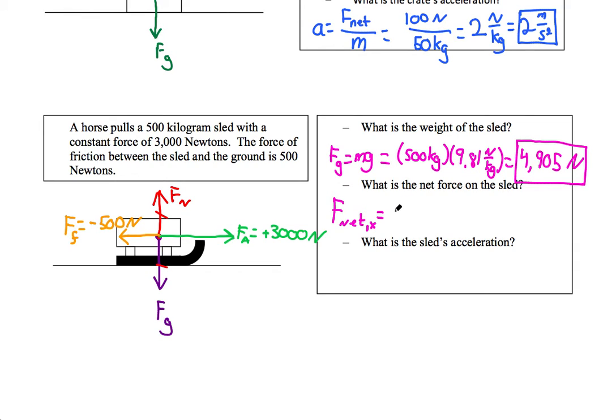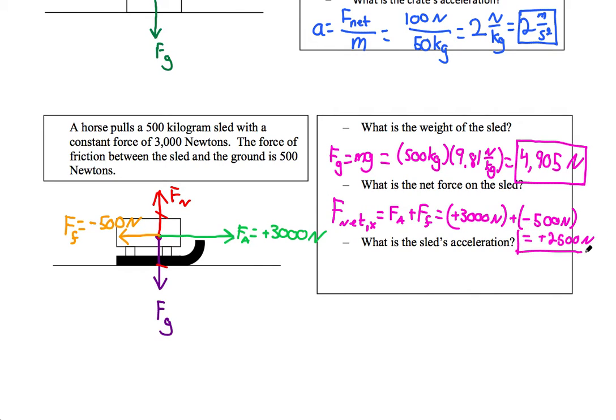So all the forces in my x direction are the force applied and the force of friction. My force applied was positive 3,000 newtons, and my force of friction was negative 500 newtons. So that works out to positive 2,500 newtons.